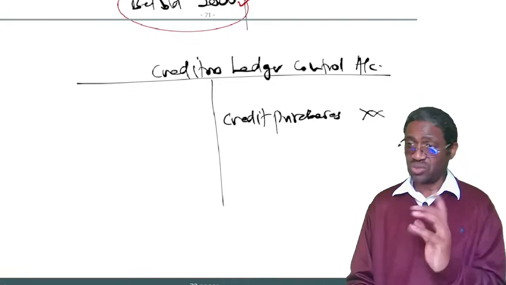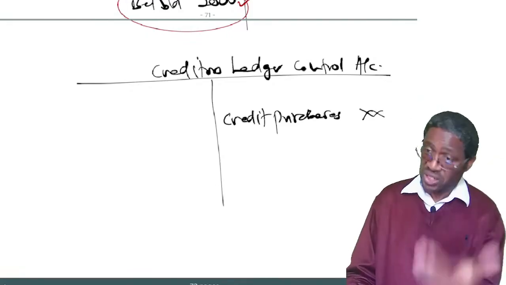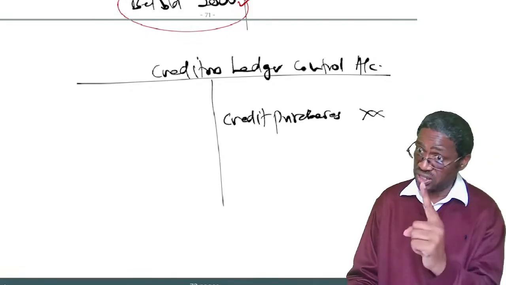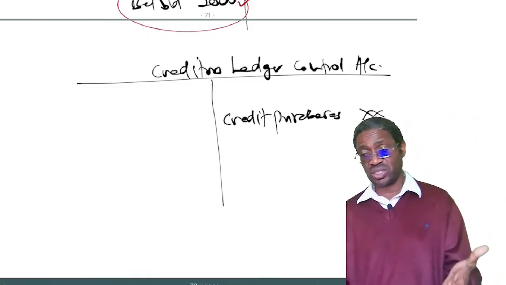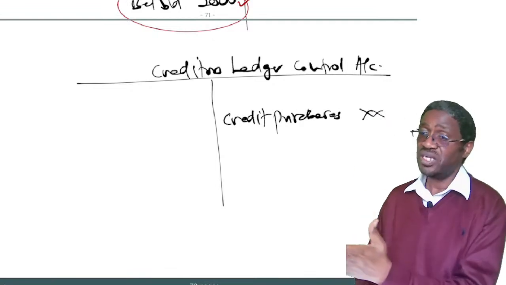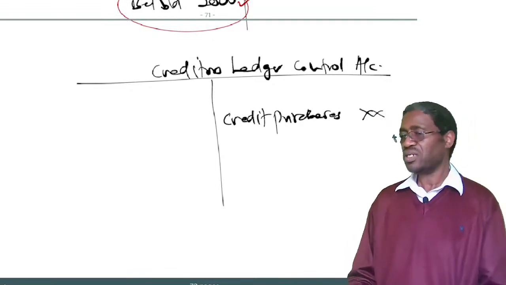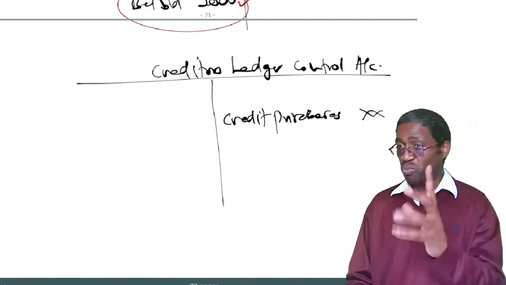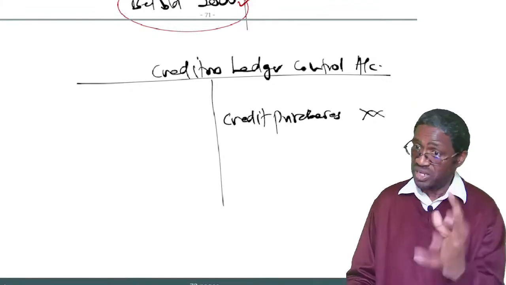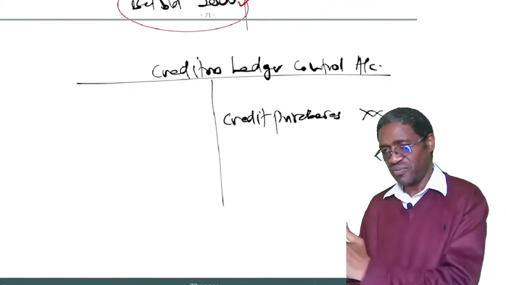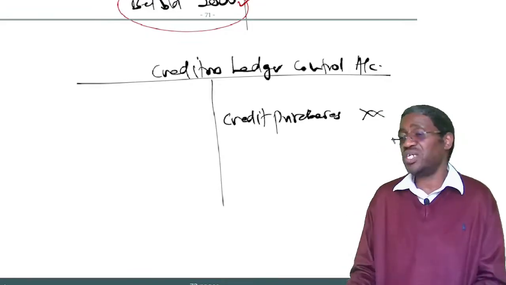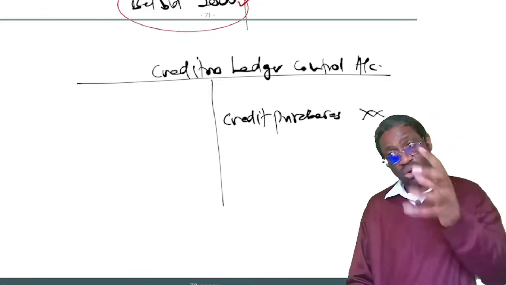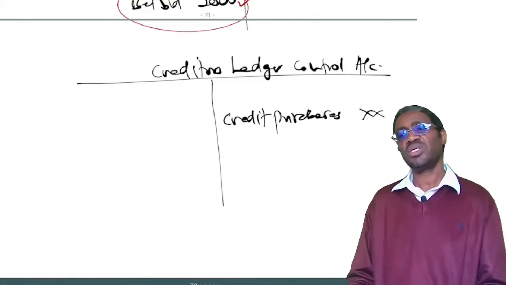That was the entry you made for purchases. Only credit. Because if you bought goods by cash, you must have debited purchases and credited bank. So that transaction did not affect the creditors' account, so you don't enter it in the control account.